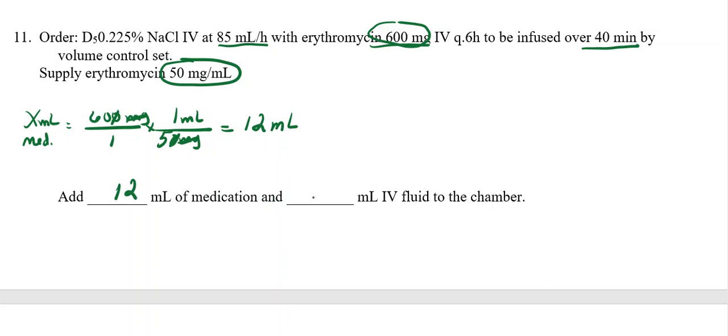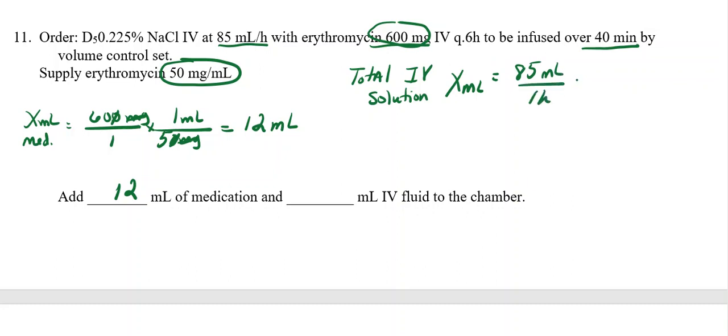Now, how many milliliters of IV solution? Well, first I have to find the total IV solution, or IV fluid, whatever you want to call it. So again, I'm looking for milliliters. I have 85 milliliters per hour, and it's going to run for 40 minutes.